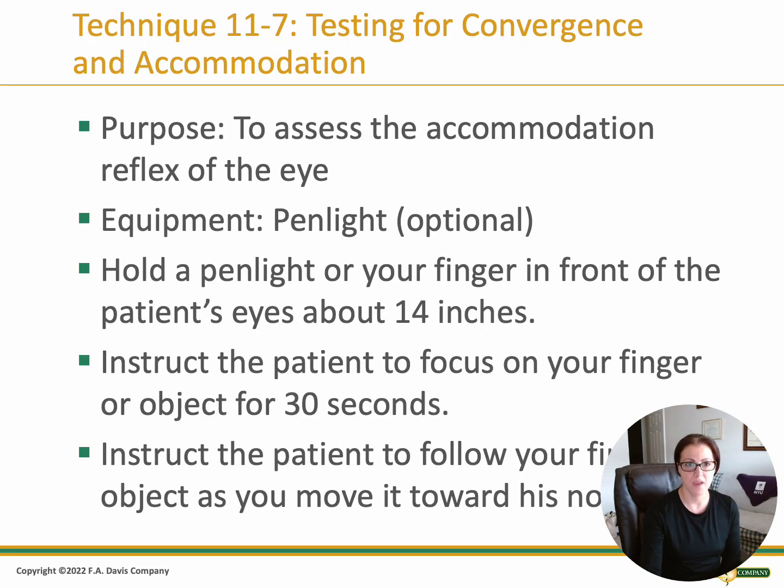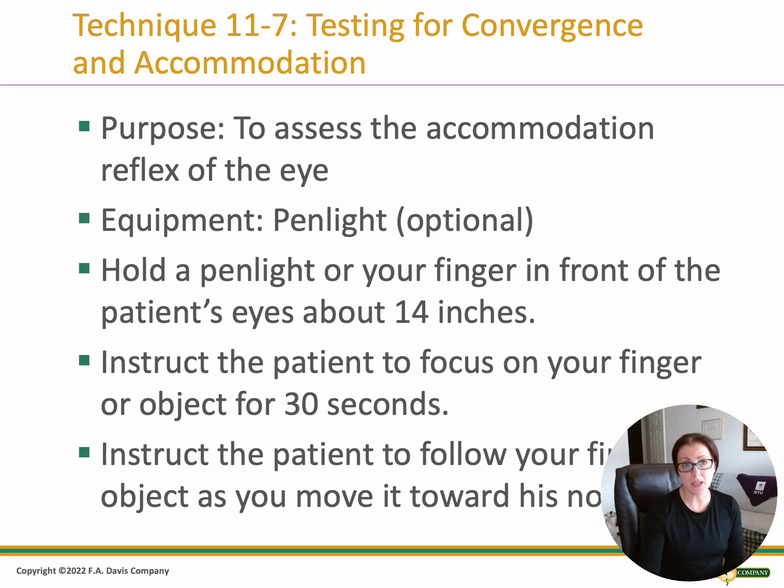The next test is to determine convergence and accommodation. And this is where you're having the patient sit in front of you or stand in front of you. You're placing an object close to their eye and moving it away, more so towards their nose, and then identifying how their eyes move, what their pupils are doing. Your pupils focus when they constrict.